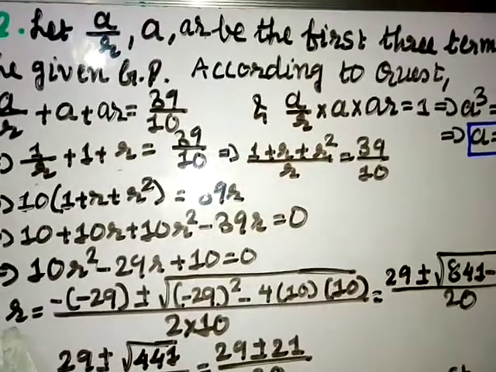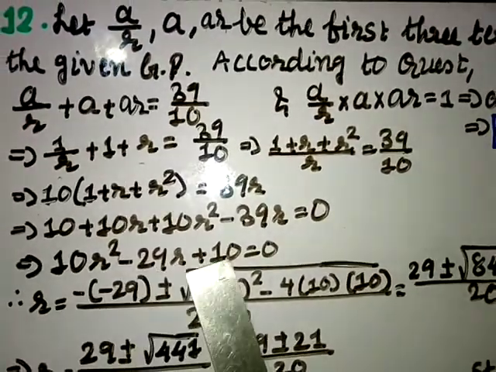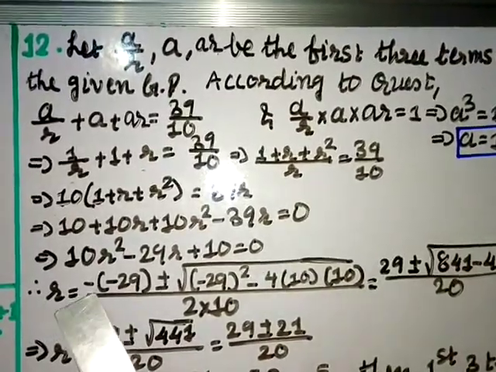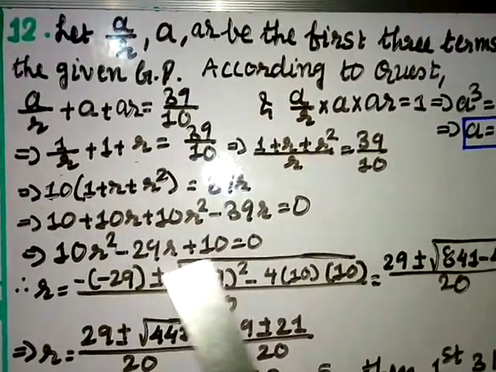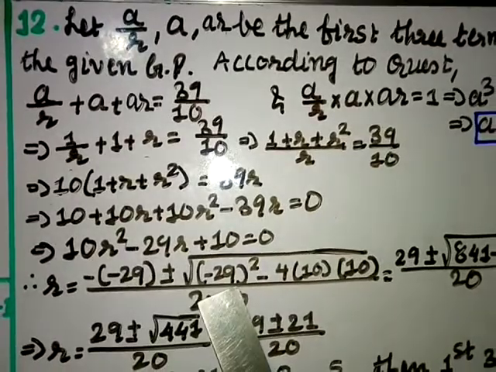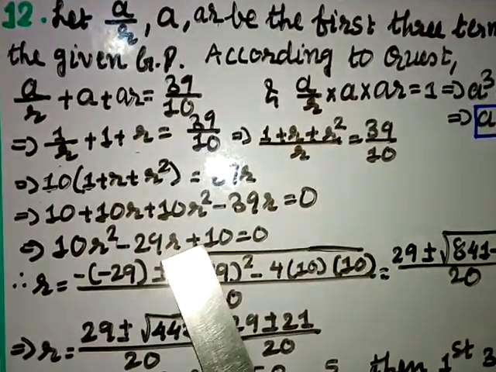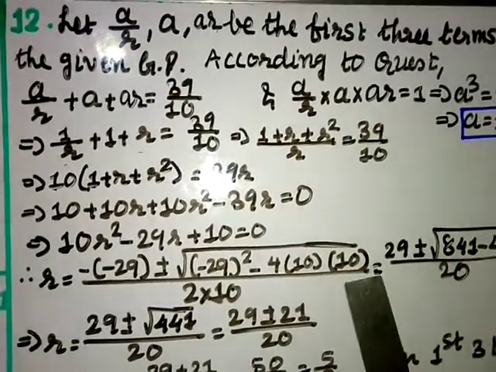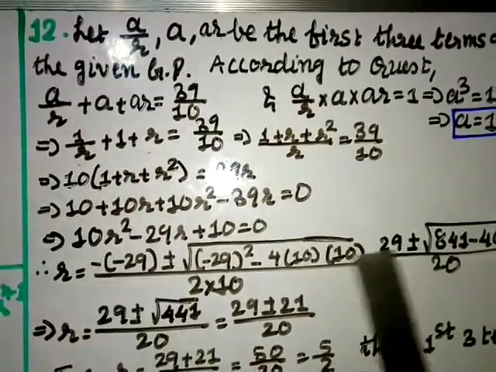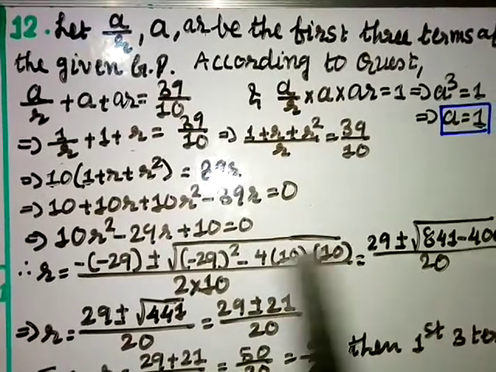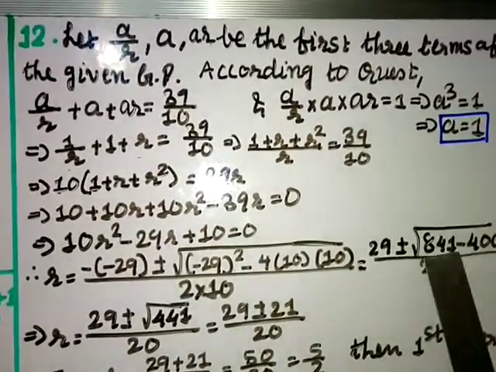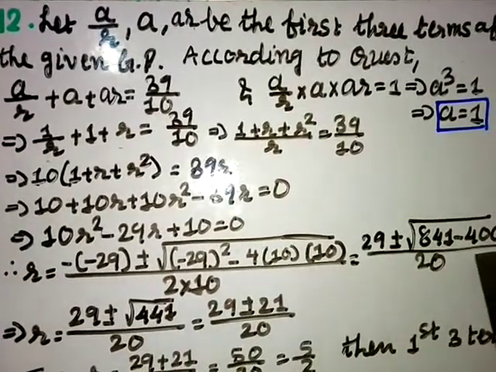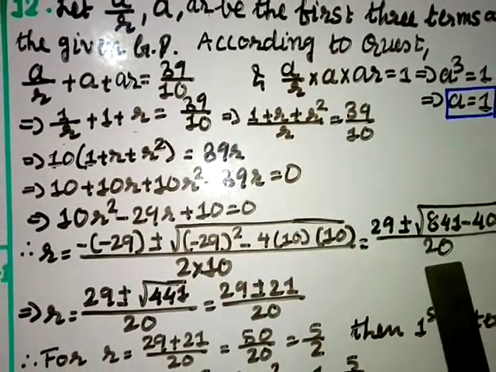So we use the formula r equals, this is a, this is b, this is c. Okay, we know the formula, we directly apply it here. Minus b, so minus minus 29, plus or minus the square root of b square, so minus 29 square minus 4, a is 10, c also is 10, divided by 2a, so 2 into 10. This gives 29 plus or minus the square root of, this square is 841 minus this product, which is 400, divided by 20.